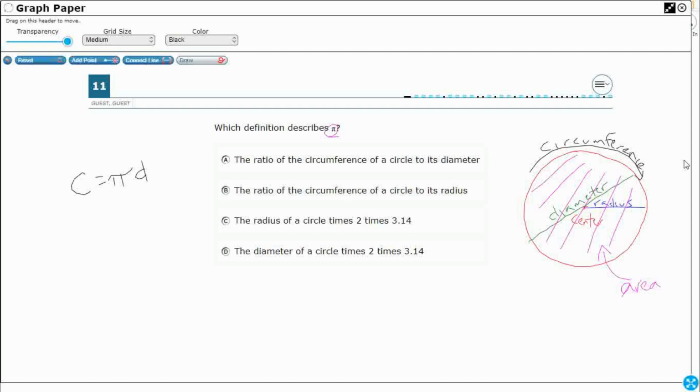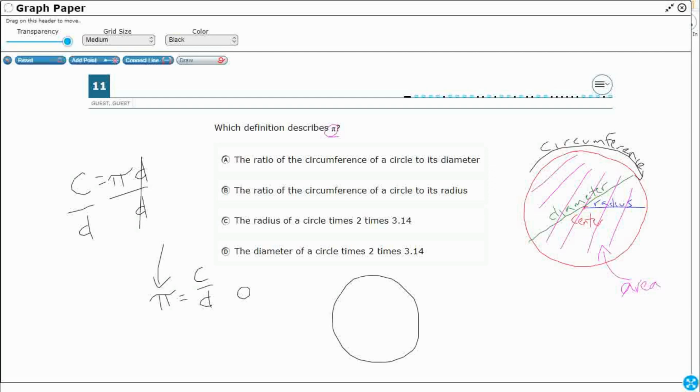Well, if you use the properties of operations, what happens if you solve for pi? Since it's pi times diameter, I want to go ahead and divide both sides by the diameter. What mathematicians found a long time ago is that no matter how big or how small your circle got, it could be as tiny as this, it could be as huge as this, it could be 30 times as big, there is this ratio.